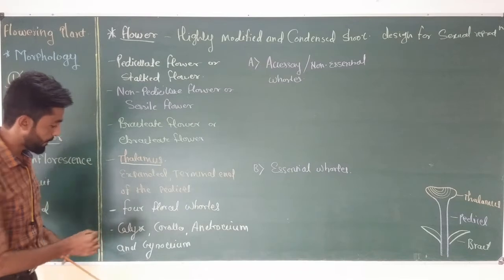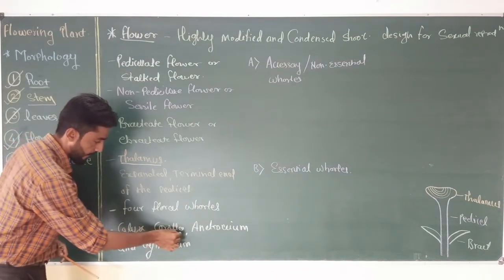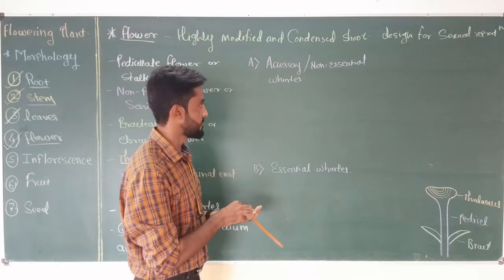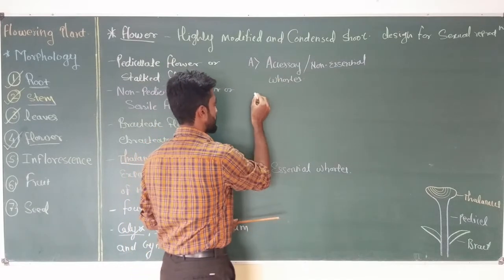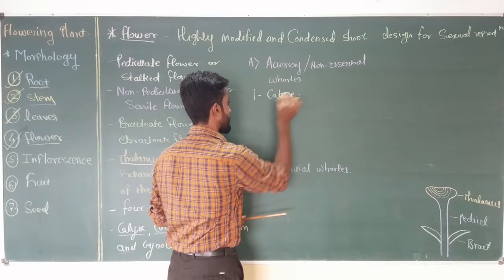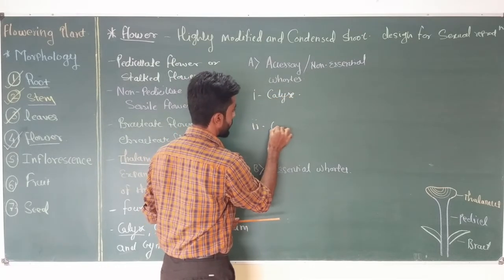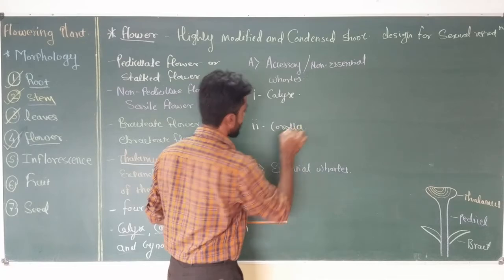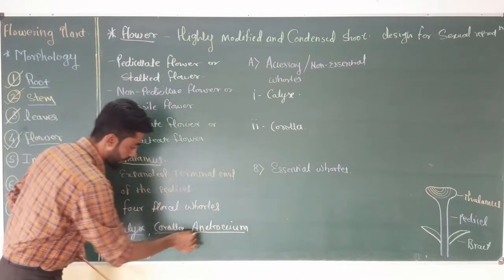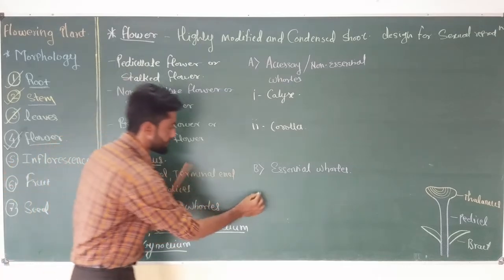Out of these 4, the first 2, that is calyx and corolla, come under accessory or non-essential whorls, while the essential whorls are androecium and gynoecium.